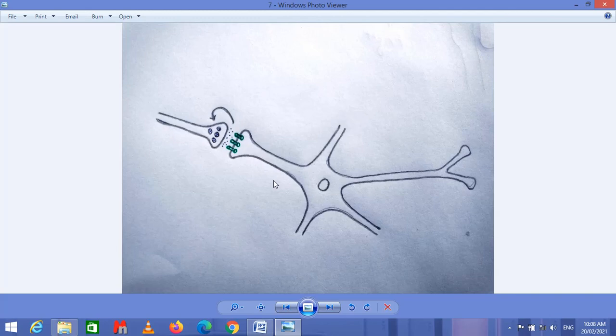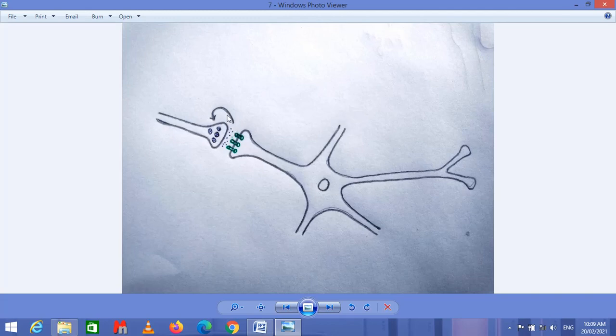So it will create a condition over here. The neurotransmitter which is secreted in the synaptic cleft will combine with some receptor, and after detaching from the receptor, it will go back towards over here and recycle toward the vesicle, and again that will be secreted over here, and this cycle will be continued.